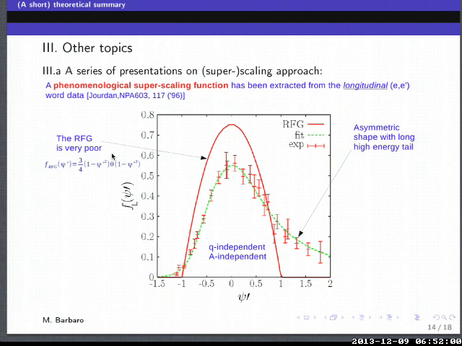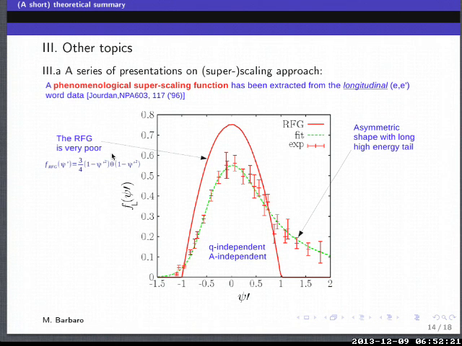Interestingly, this curve has a very universal shape and provides a simple test for the model, which we can be trying to use.